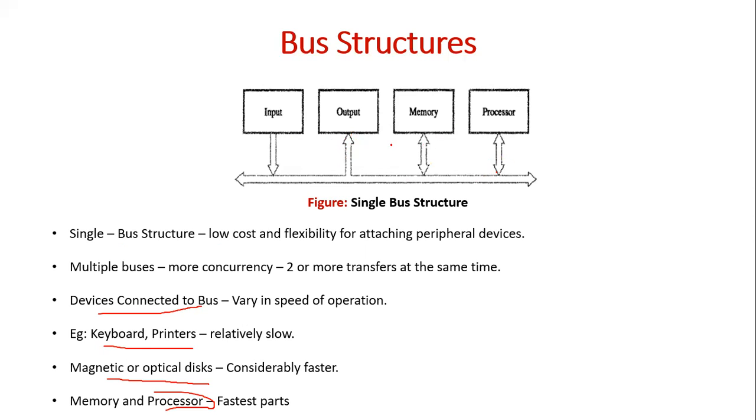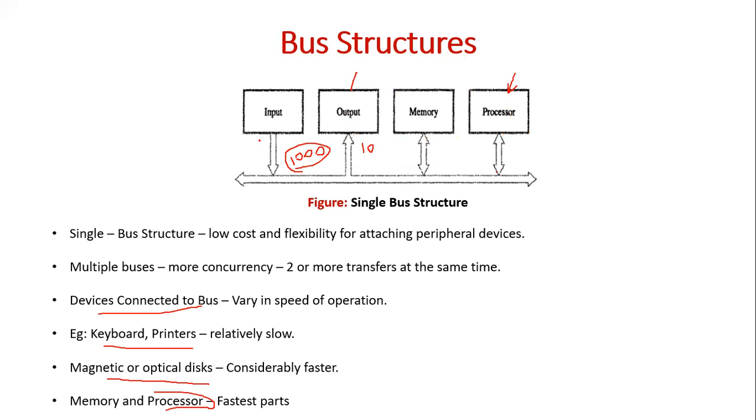The processor may be sending, say, 1,000 characters per millisecond to print, but the printer can accept only 10 characters per millisecond. Then after sending 1,000 characters, the processor has to wait for some time so that the printer can print them. Only then can it send the next 1,000 characters. Now the speed of the processor is limited because of the reduced speed of the printer. So such problems will arise.